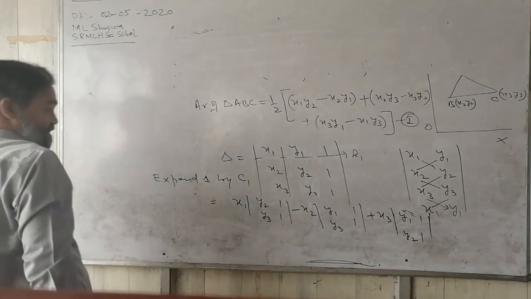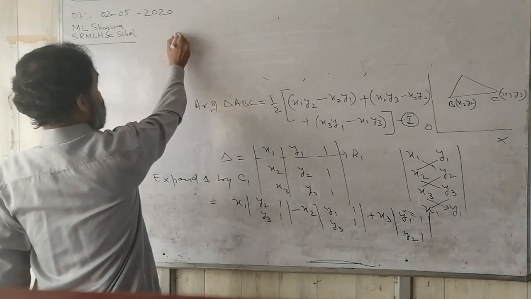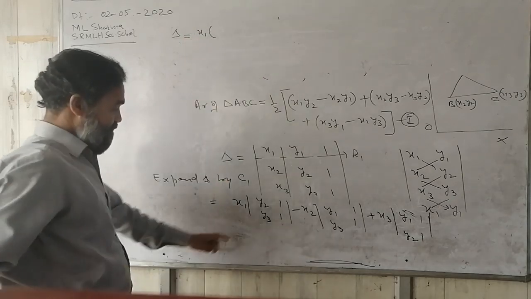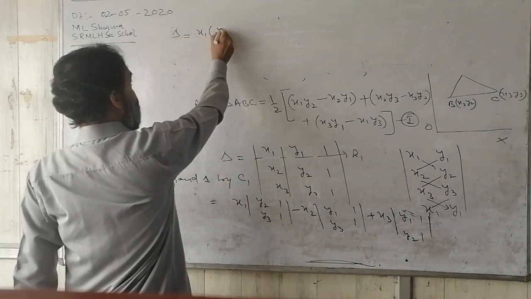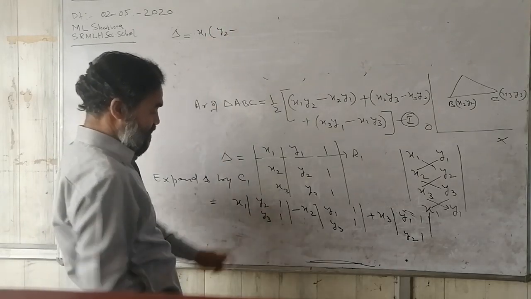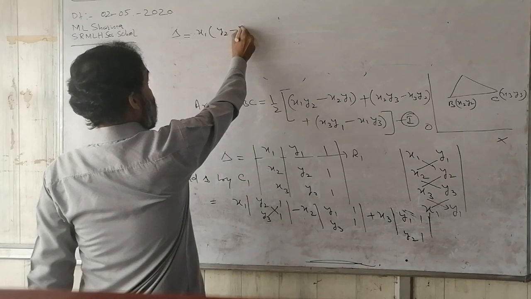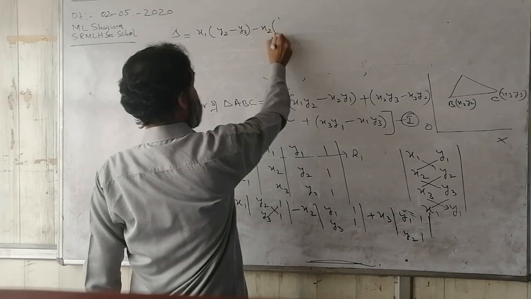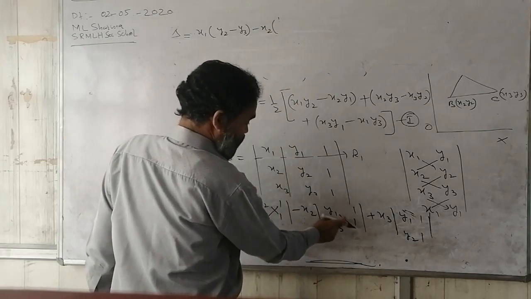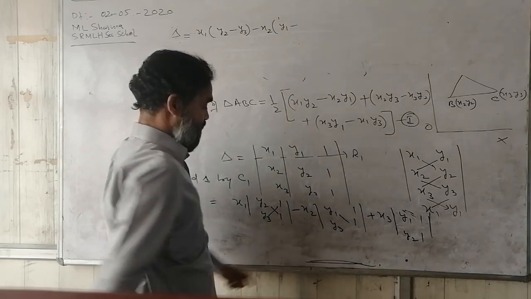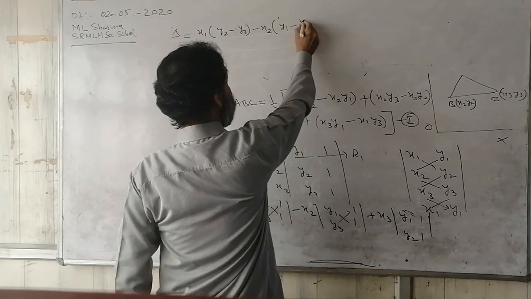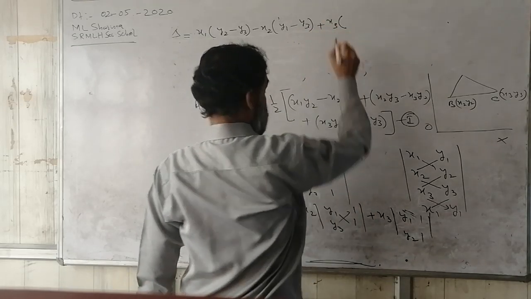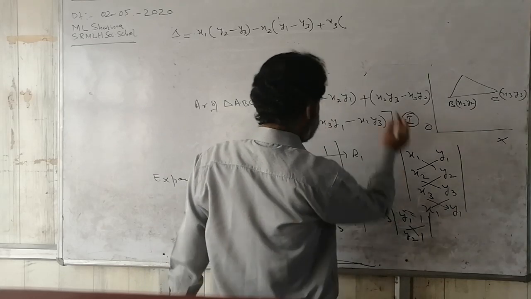on expansion, I can write the value of delta as x1 times (y2 minus y3), then minus x2 times (y1 minus y3), then plus x3 times (y1 minus y2).